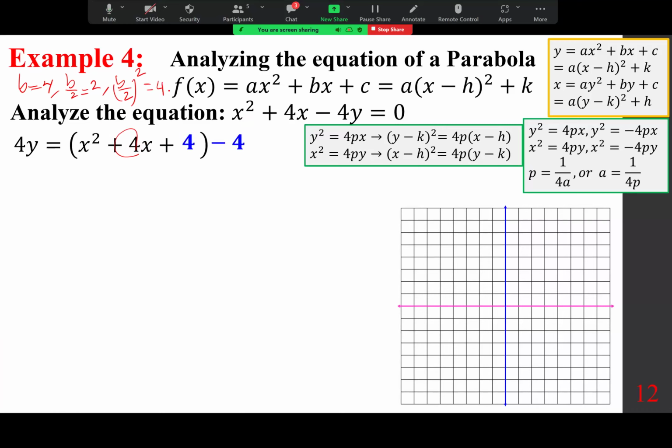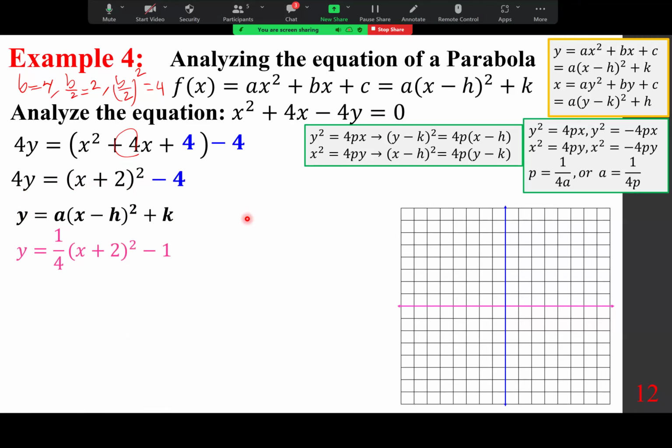We can add 4 to both sides, or we might say we're going to add and subtract on the same side. And so you should know this is x plus b over 2, whatever the sign is. x plus b over 2 quantity squared, that means x plus 2 quantity squared, minus 4. Now, if we divide both sides by 4, this becomes y. This is 1/4, this is minus 1.